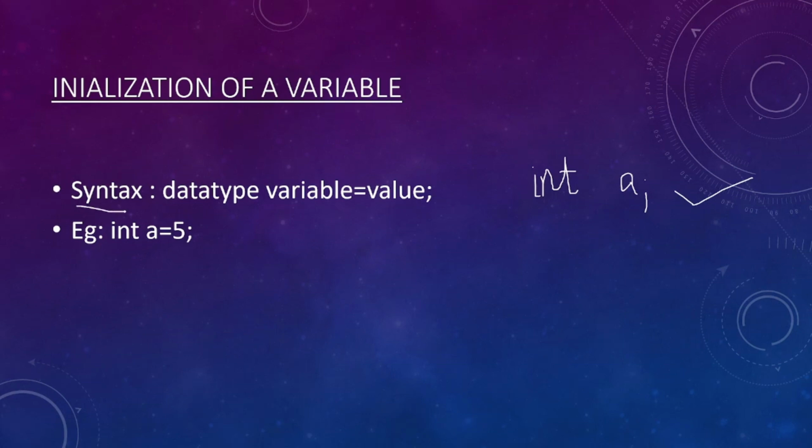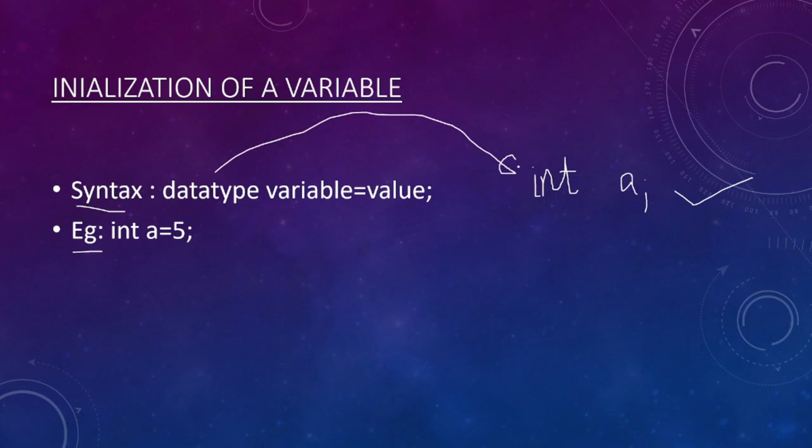Syntax is here. I always strongly suggest you learn syntax and example together, because then you can compare and see how it matches, and you will understand how you can declare. So here, what is my int?